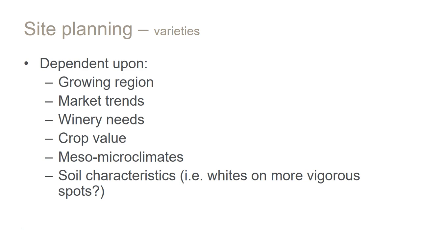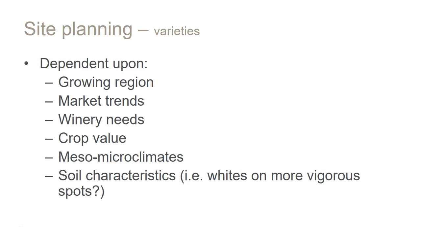That's because with whites, we're not trying to build up phenolics. We're really trying to minimize phenolic accumulation in white varieties. So putting them on more vigorous areas is maybe better just because we're going to get less light into that canopy and build up less phenolics.